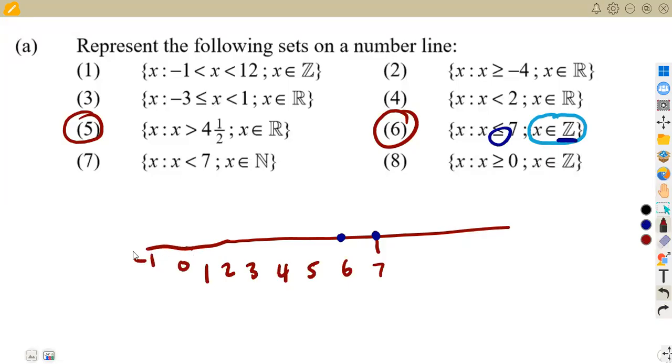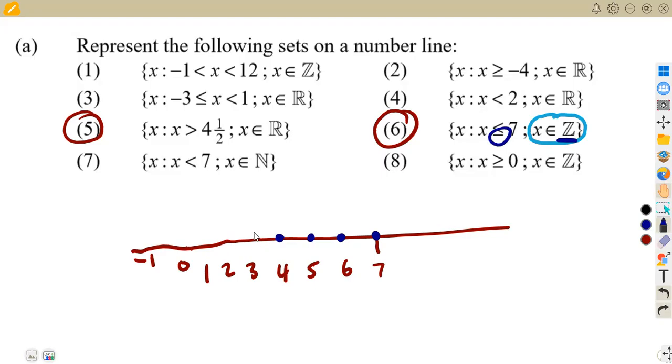Integers, guys, are positive or negative numbers, all right? Because I have indicated these circles on top of integers, it shows the examiner that the numbers here are integers.